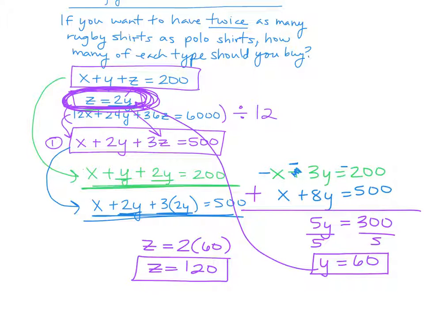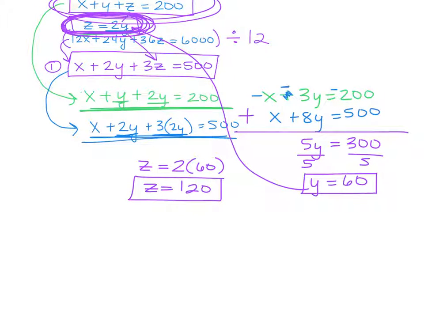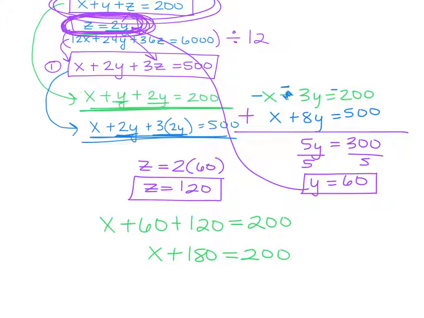Now I would take this one, X plus Y plus Z equals 200. So X plus 60 plus 120 equals 200. So X plus 180 equals 200. Take away the 180, so X is 20.